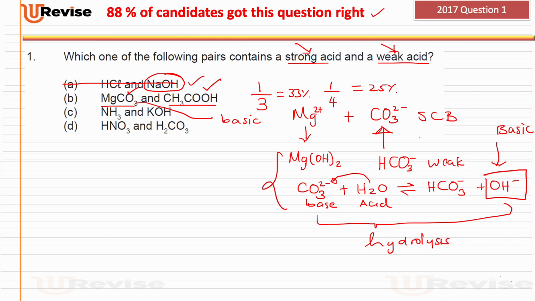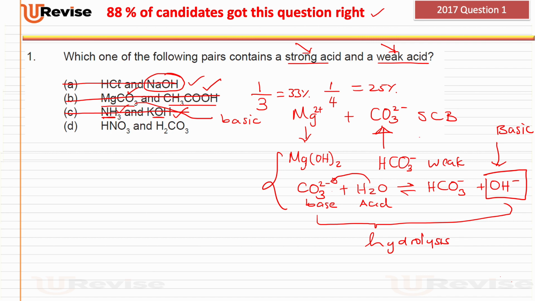Let's take a look at the next answer, which is ammonia and potassium hydroxide. Potassium hydroxide is a base, and ammonia is also a base. So we are looking for an answer that has got a strong acid and a weak acid.